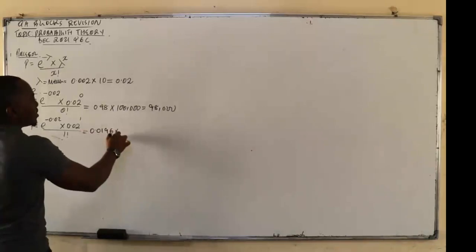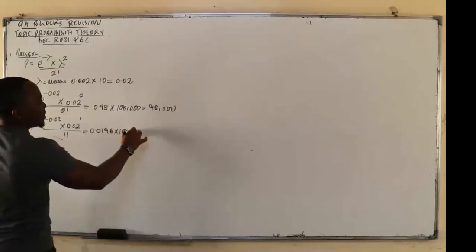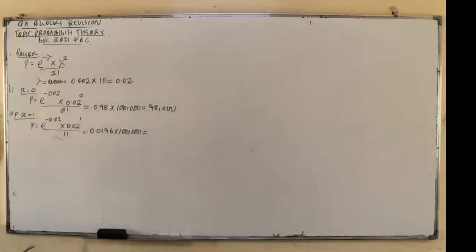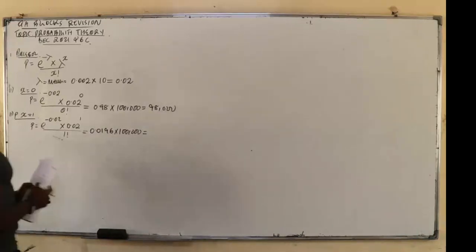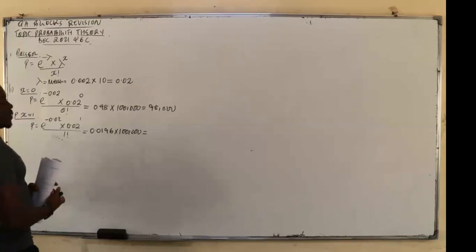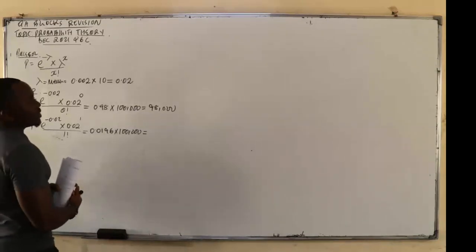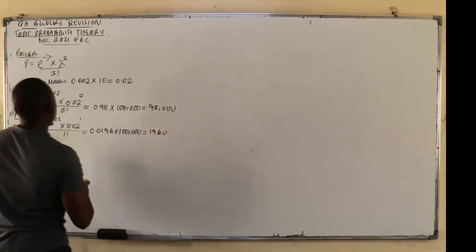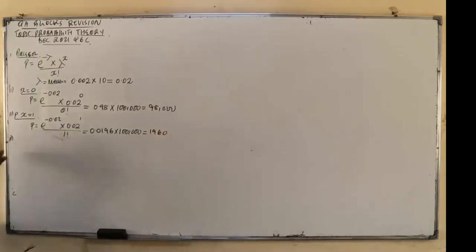Then we want the number of packets, so you multiply by 100,000. So how many packets will contain only one defective? 1960 packets.